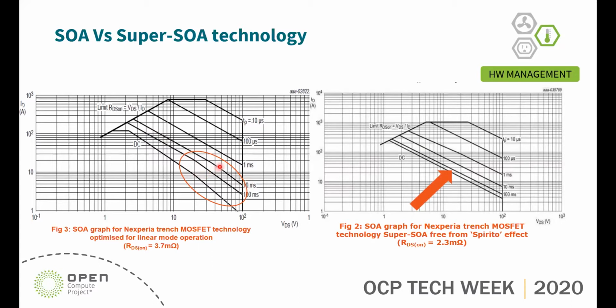Now these kinks, first of all, these lines are based on a thermal impedance. Thermal impedance is the parameter that dictates how much power the device is allowed to dissipate. But at these ends here, those lines are not kept straight.